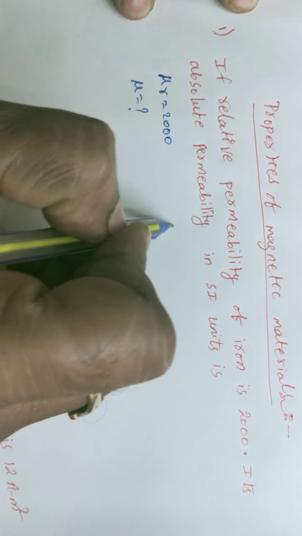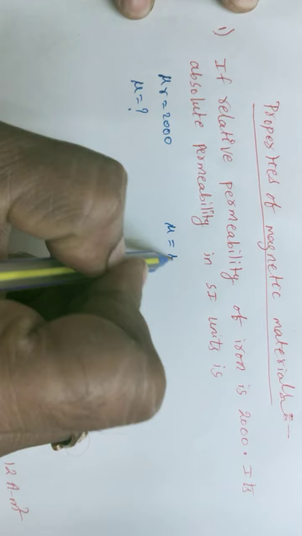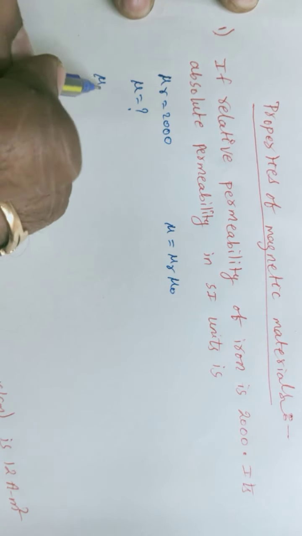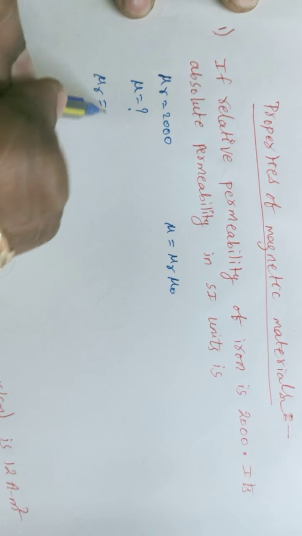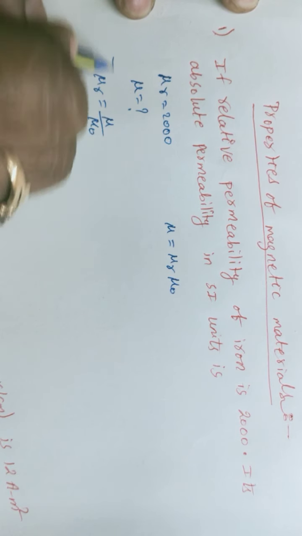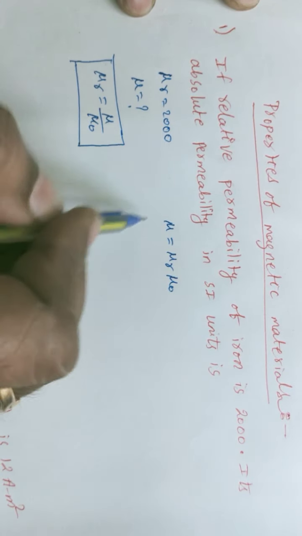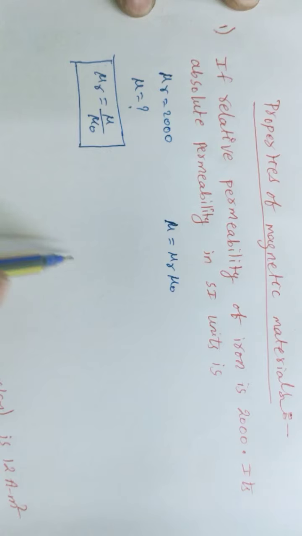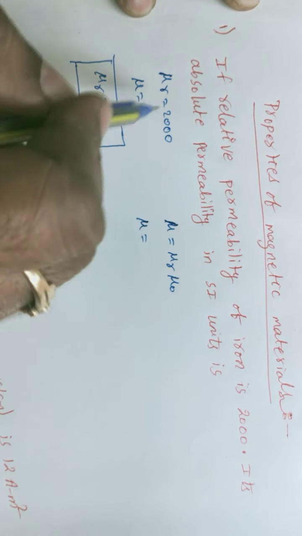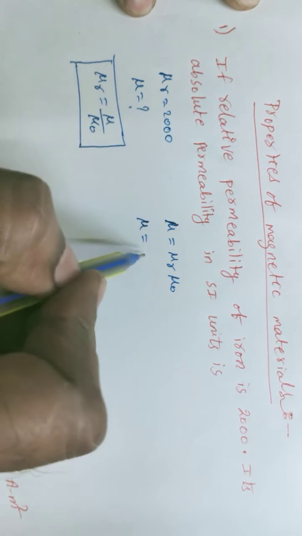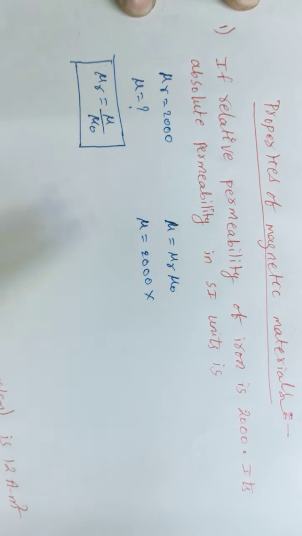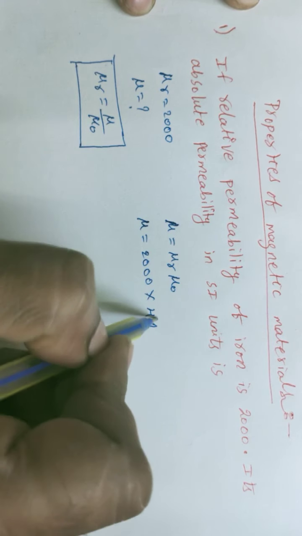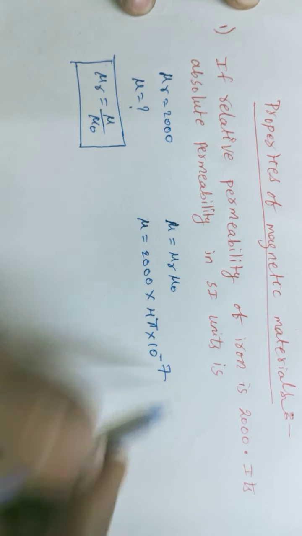We know one thing, students: mu is equal to mu r into mu naught. This comes from the relative permeability concept, mu r is equal to mu by mu naught, so mu is equal to mu r into mu naught. So mu is equal to 2000 into the standard value of mu naught in the SI system, that is 4 pi into 10 power minus 7.